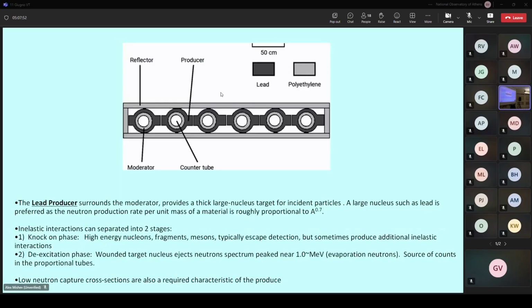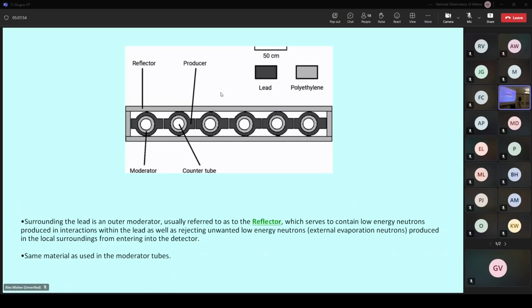And the fourth component is the so-called reflector. It is made of the same material as the moderator. The aim is to avoid registration of the thermal neutrons which are produced in the detector surroundings.